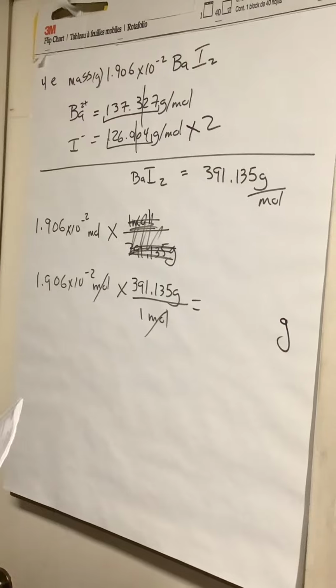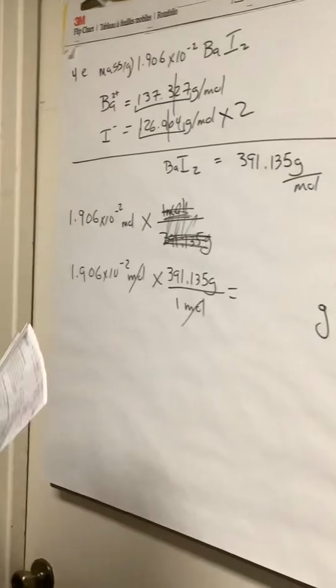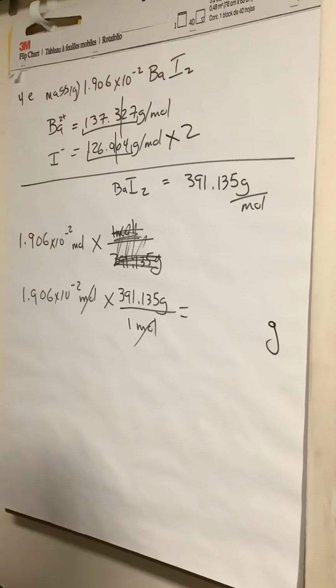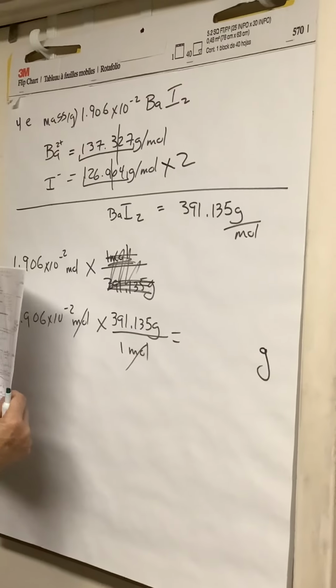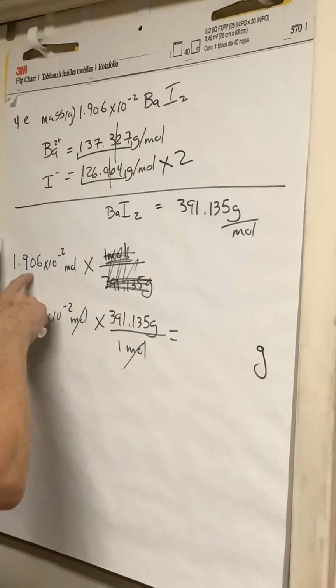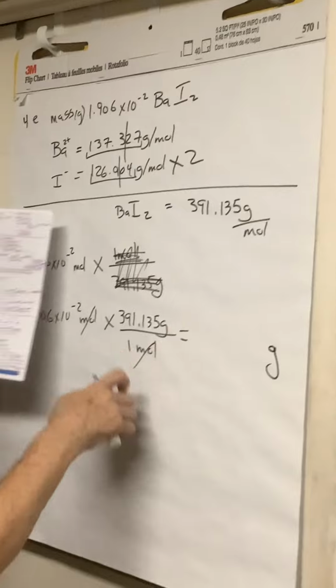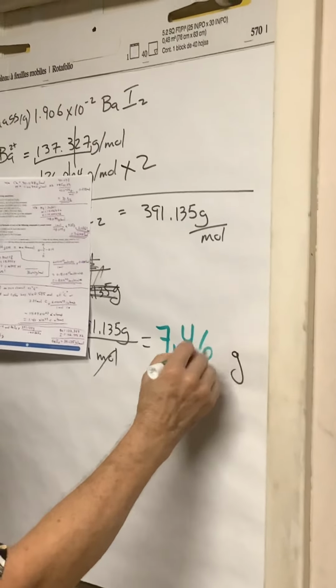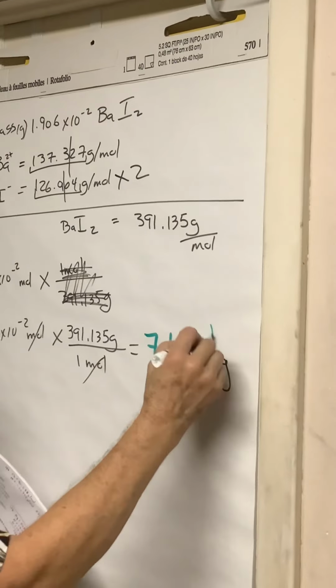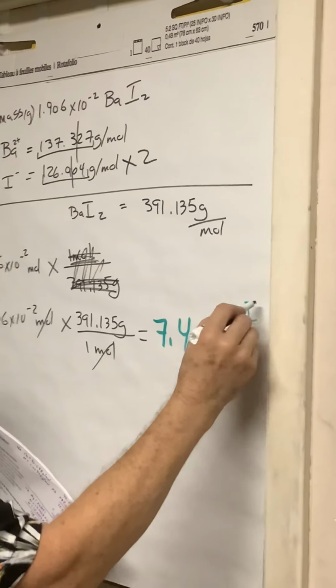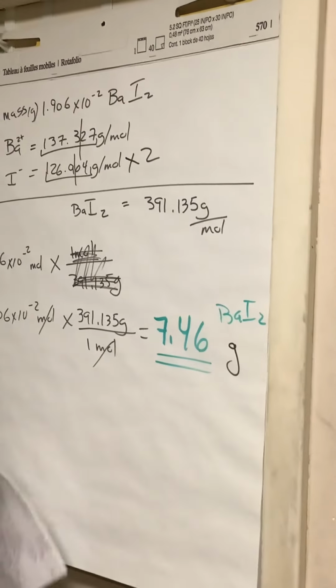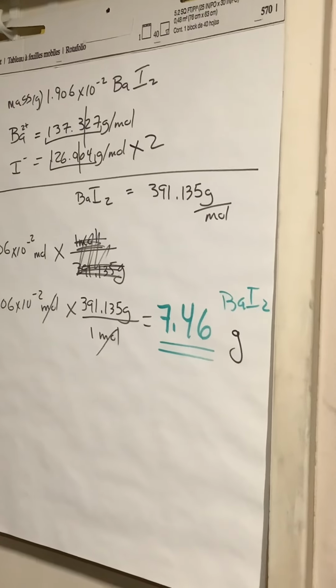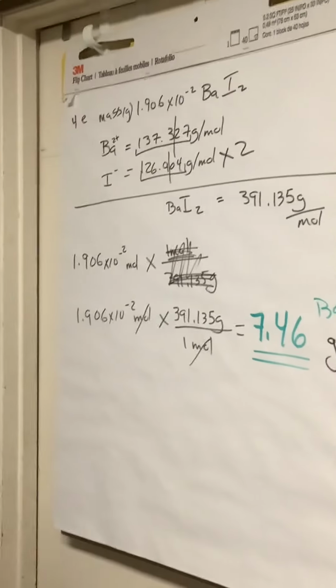And if you do the math, 0.01906 or 1.906 times 10 to the minus 2 times 391, you will end up with 7.46 grams of barium iodide. And that's my answer, and I'm sticking to it. Okay? Now, for 4F, 2 more.